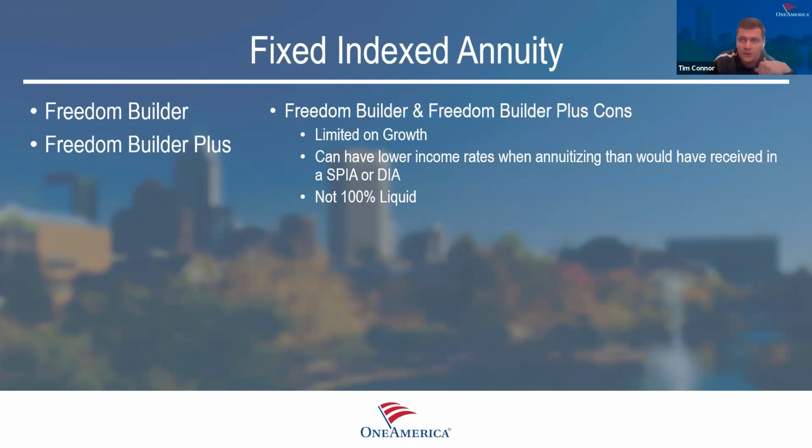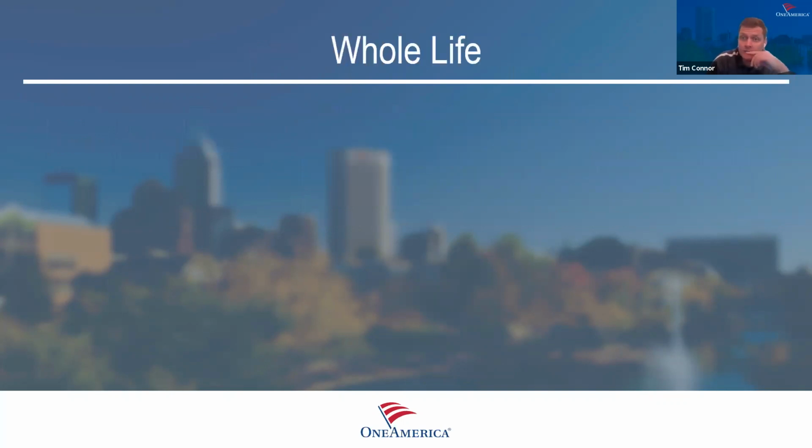After the surrender charge, 100% liquid. But you just got to keep in mind that if you're doing a 9-year, there is a surrender charge each and every year. You can take 10%, but just make sure you don't promote this thing as 100% liquidity. And then when you do actually annuitize, you do forfeit that death benefit and liquidity, right? So that's Freedom Builder. All right, last but not least, my personal favorite, whole life, right?